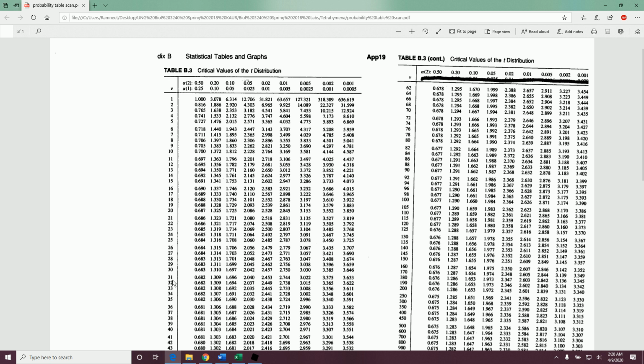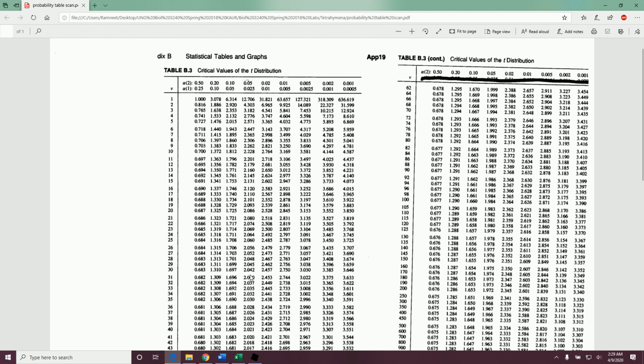In this experiment, the degrees of freedom is 31. So you look under 0.05, at 31, and the value is 2.040.